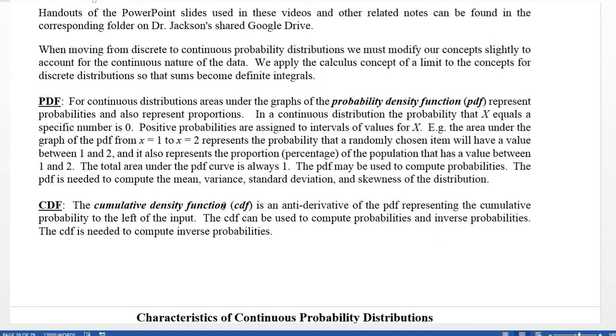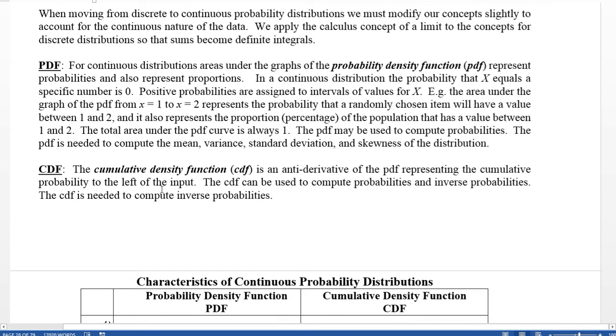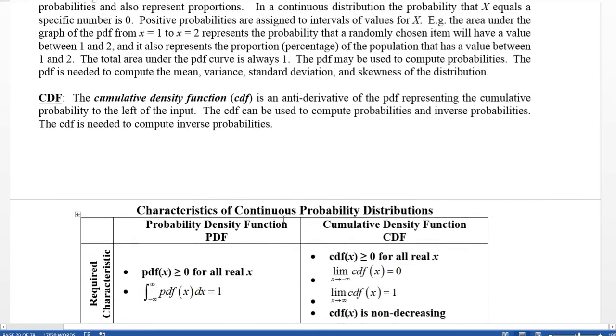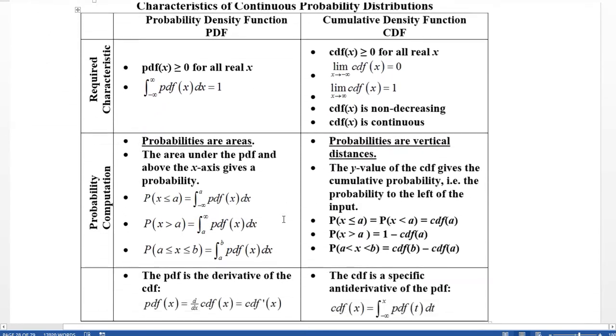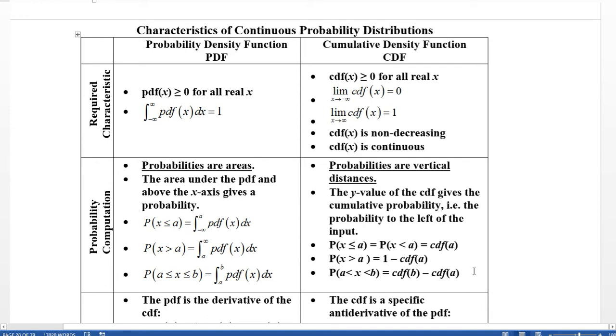In fact, we have to have the CDF if we want to compute inverse probabilities. In fact, the CDF of the two is probably the most useful overall. Now, we have certain characteristics of continuous probability distributions, and that's what we're going to be dealing with here. The calculus comes into play when we're dealing with continuous distributions.